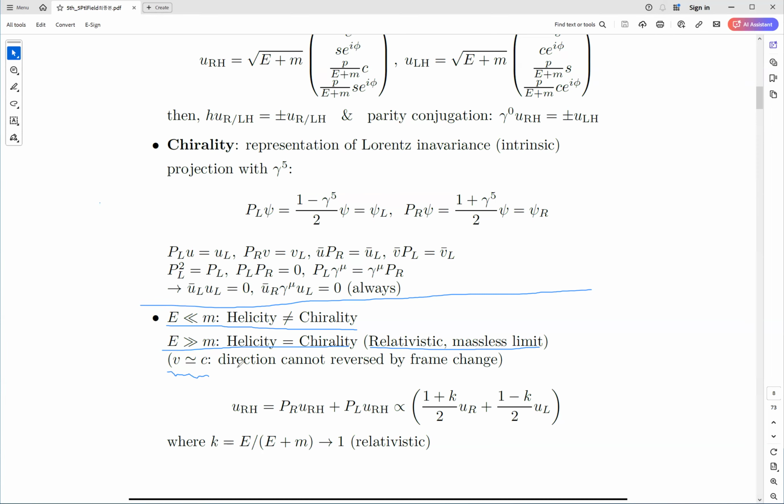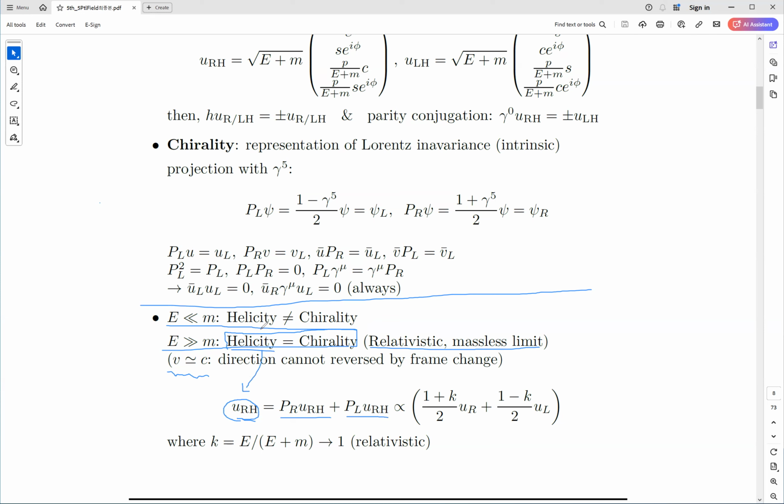So the helicity and the chirality are the same in such a relativistic limit. To be specific, the right-handed helicity contains the right-handed chirality and the left-handed helicity the left-handed chirality.